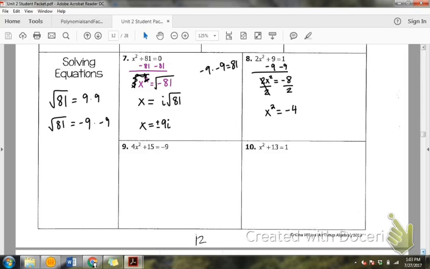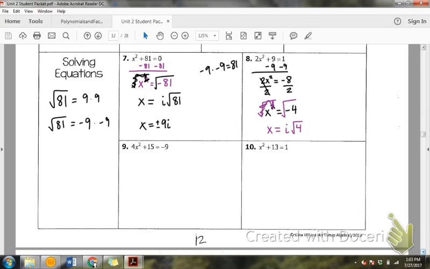Brooklyn said we need to take the square root of both sides, right? Because to get rid of that square, we have to take the square root of both sides. So this cancels and that gives me x. It's not negative 2. What do you do with the square root of a negative number? i first. i square root of 4.